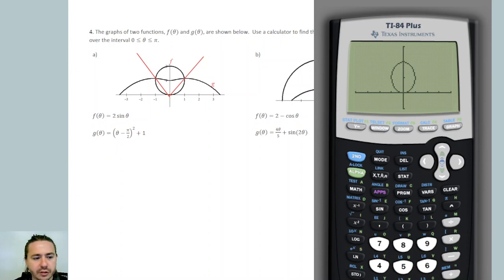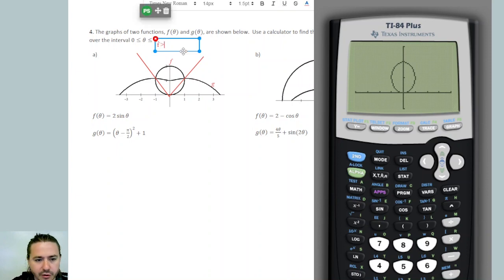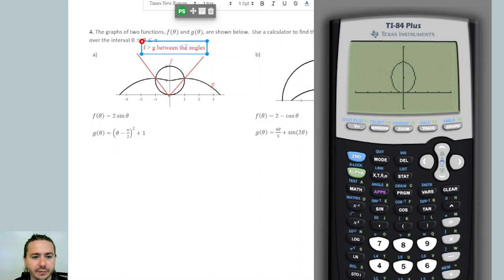Okay, so maybe I'll make a note. F is greater than G between the angles, or between, how do I want to say this?